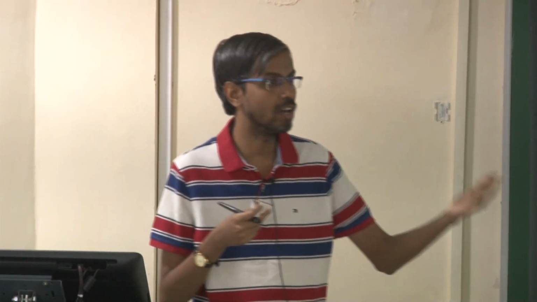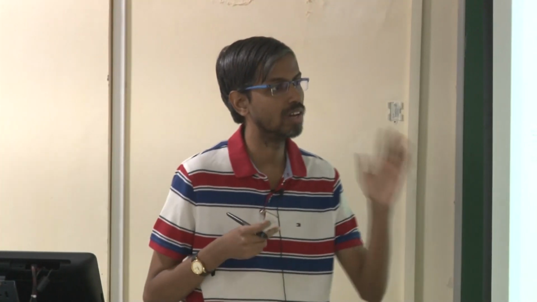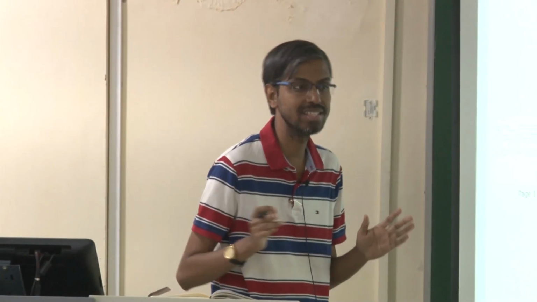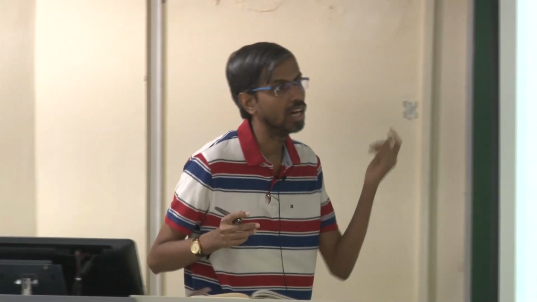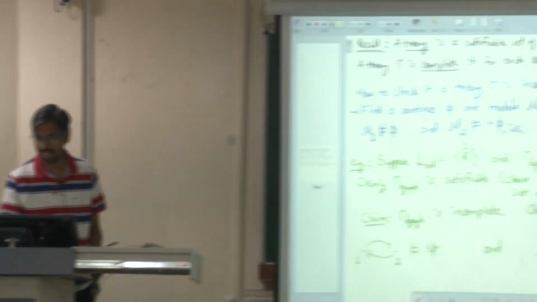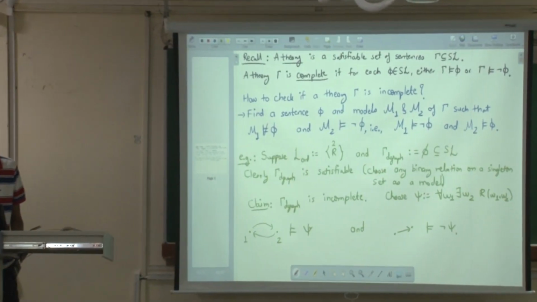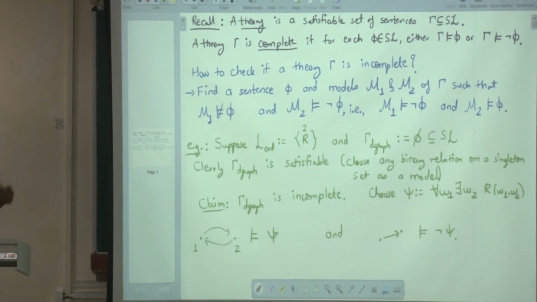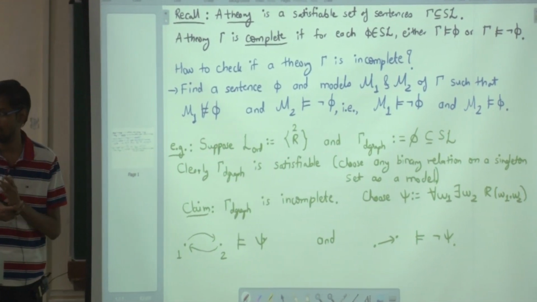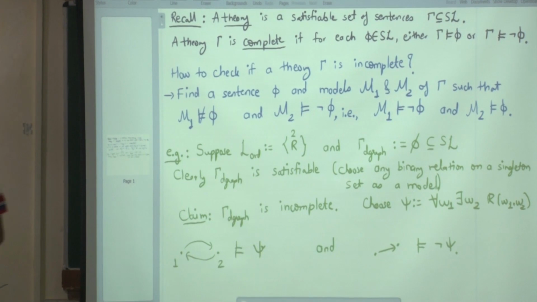So if a theory makes a decision about every single sentence, then it is said to be complete. In words, gamma is complete if for every phi either phi is a logical consequence or negation phi is a logical consequence.